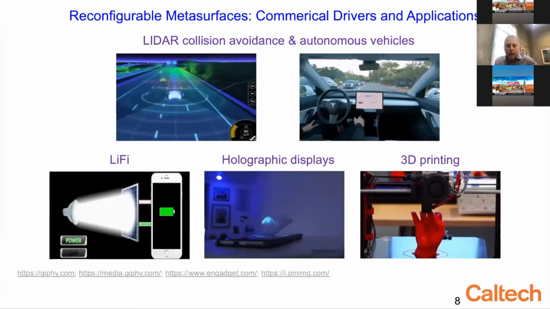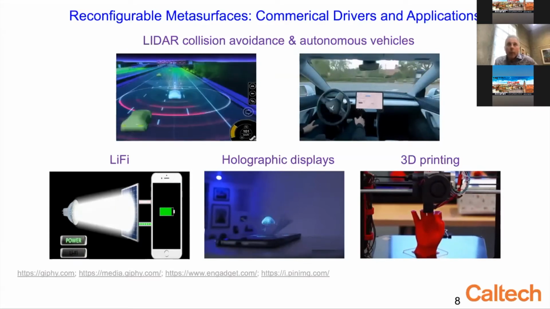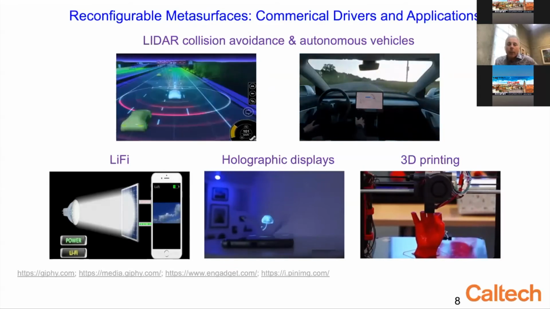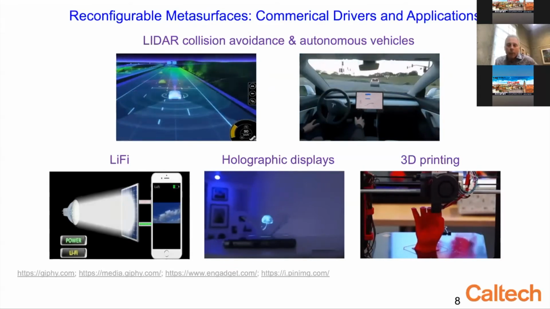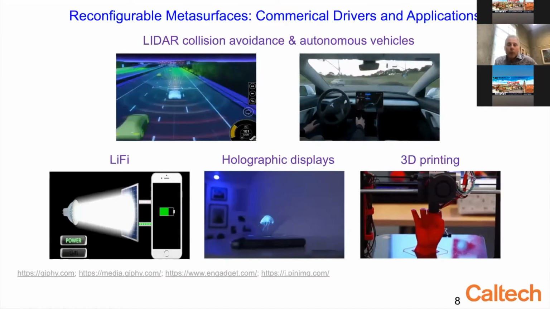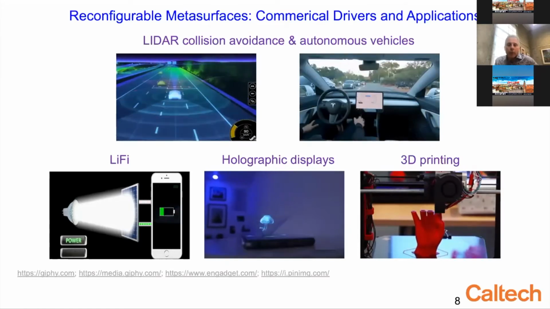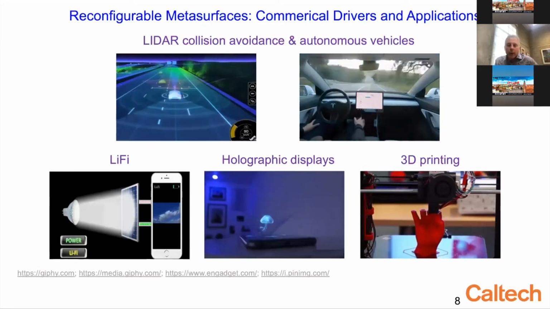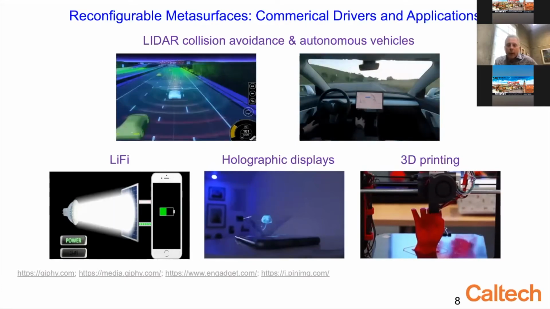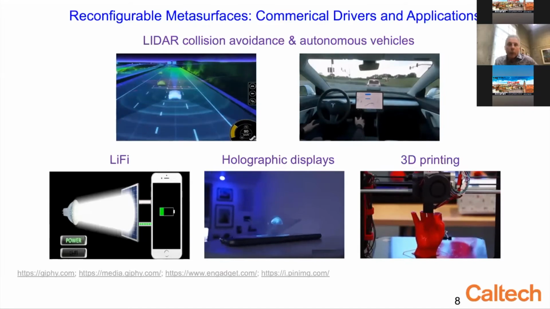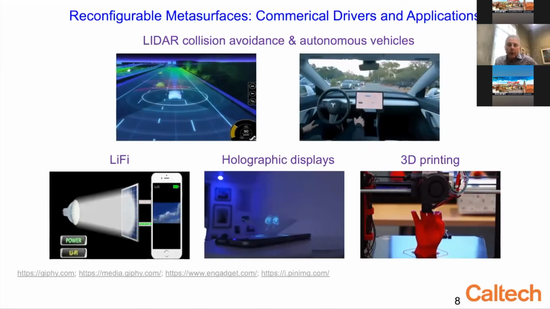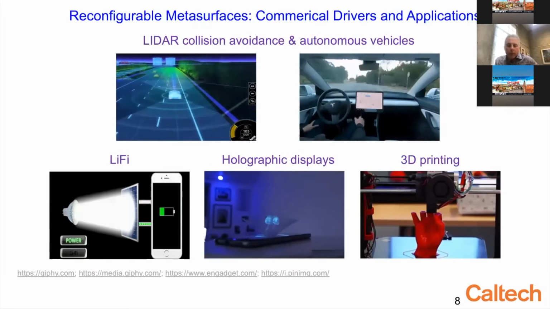And finally, the metasurfaces that are being designed today, many of them are capable of high power operation. And if they're capable of high power operation, that implies a number of other possibilities in addition to imaging, including materials processing and additive manufacturing. So we think nowadays about additive manufacturing being something where we have a print head that thermally heats the material and then deposits it at some voxel in 3D space.